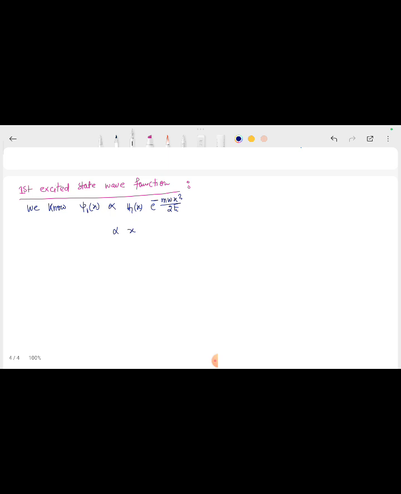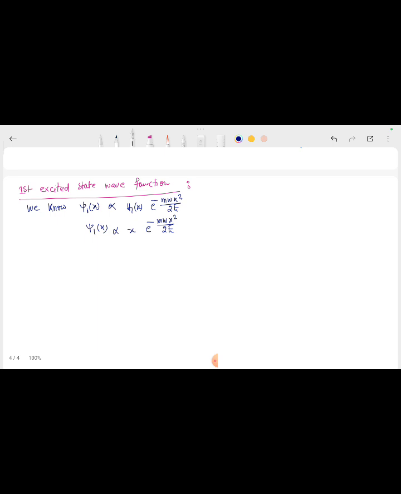So the first excited state wave function is proportional to x into e to the power minus m omega x square upon 2h cut. Right. So for this case, now we find out the shape of these eigenfunctions.